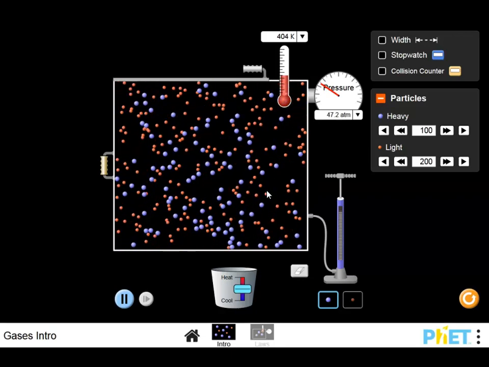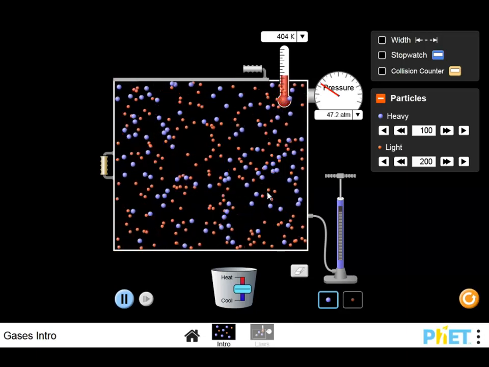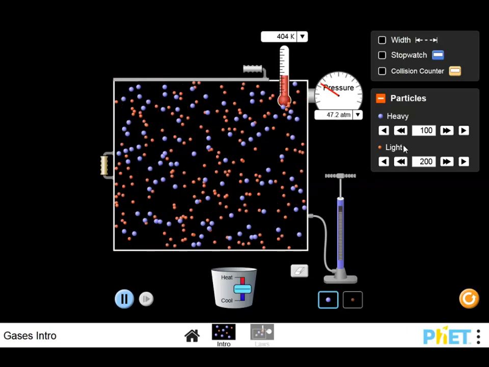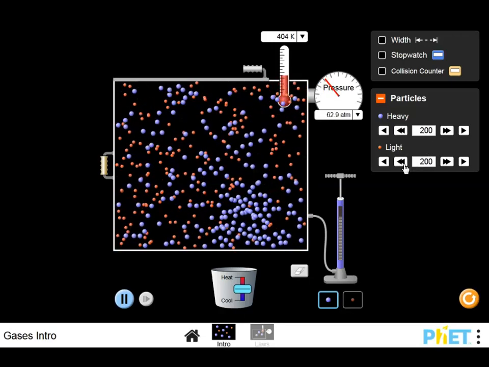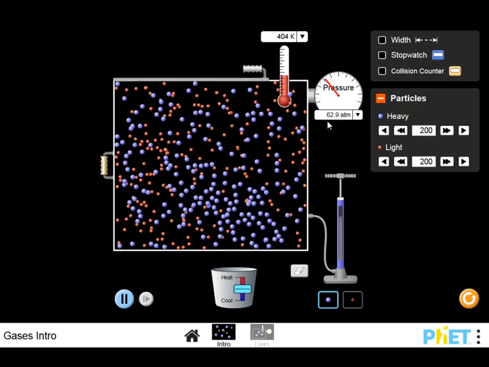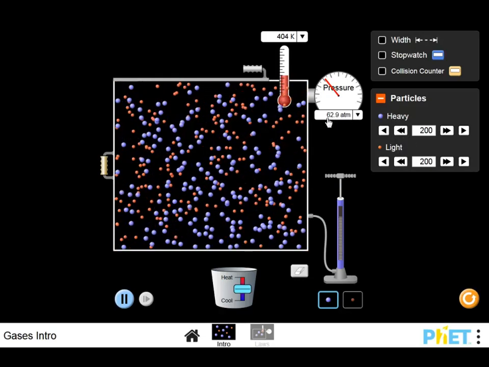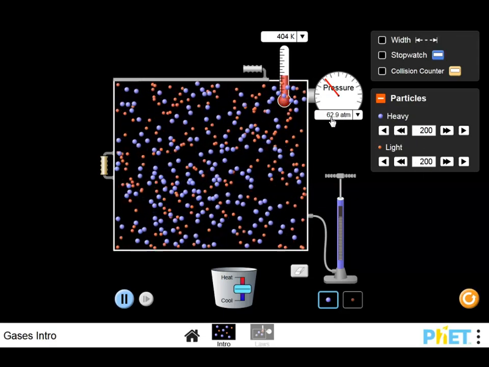And it's saying that the partial pressure for each gas is proportional to its mole fraction, its percentage of the mixture. So when it's 50-50, like I have now, 200 and 200, and I'm up at 60, each of them contributes 30 atmospheres of pressure, because it's 1-to-1, so you can just divide this by 2.